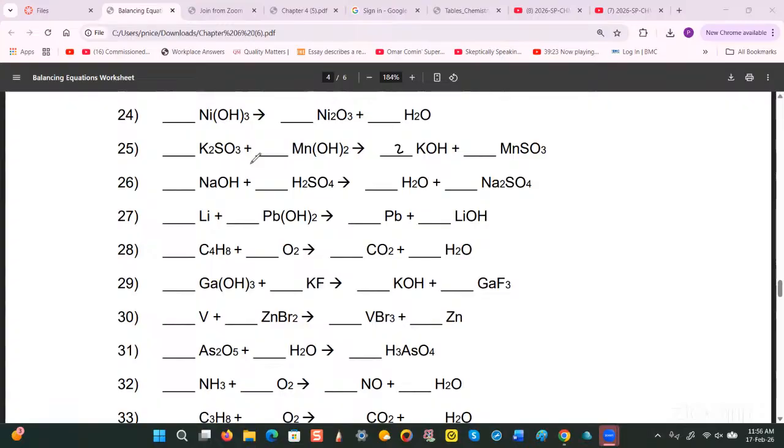And then 26 is 2, 1, 2, 1. So I think it's 2 carbonate. Might be, I think so.